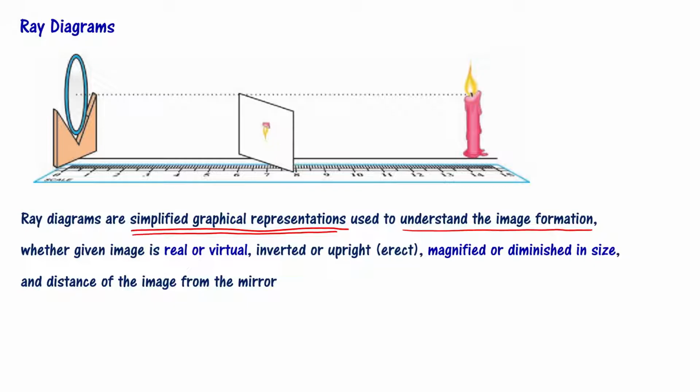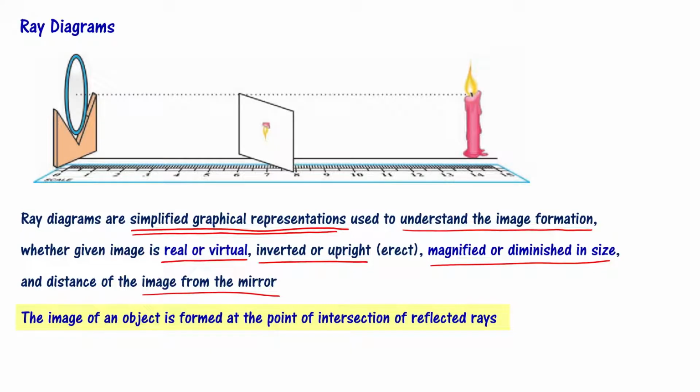Whether the given image is a real or virtual image, inverted or upright image, magnified or diminished in size, and the distance of the image from the mirror. మీరు చూసారు కదా, మనకి ఇంతకుముందు ఏవైతే క్వశ్చన్స్ ఉన్నాయో అన్ని క్వశ్చన్స్‌కి ray diagrams are going to answer or help you answer.